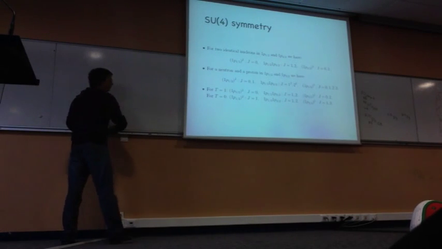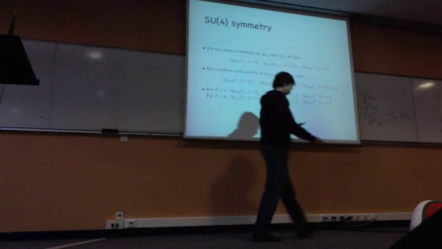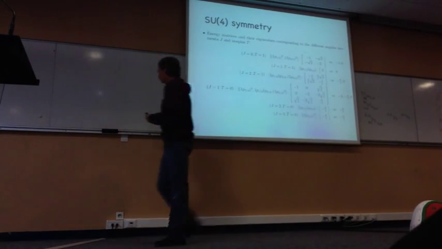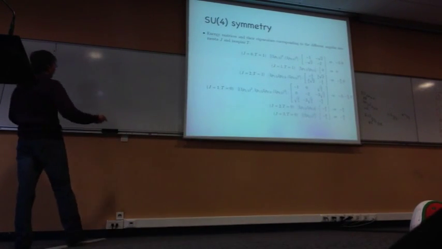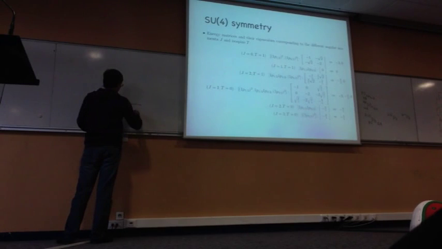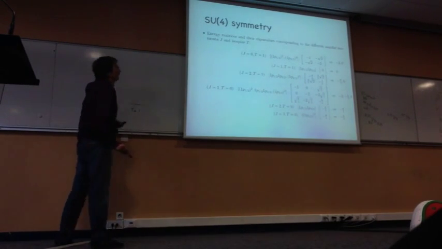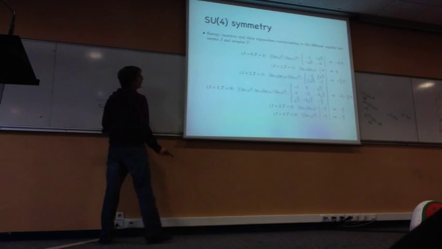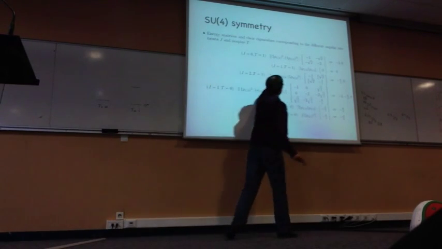And the result is shown here. Let me draw it because this is a little difficult to see. So you have T equals 0 states, T equals 1 states. At T equals 1, there is a 0 plus. Then there is a 2 plus.